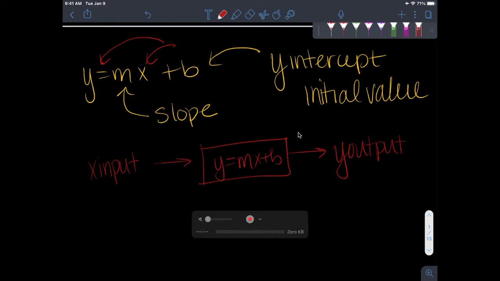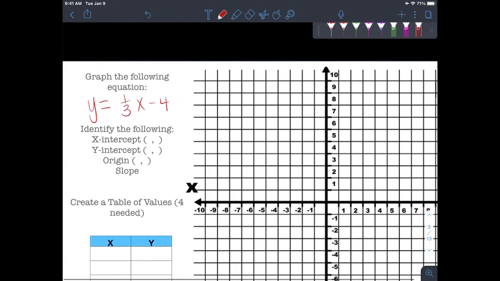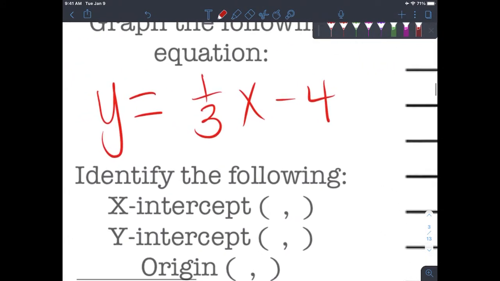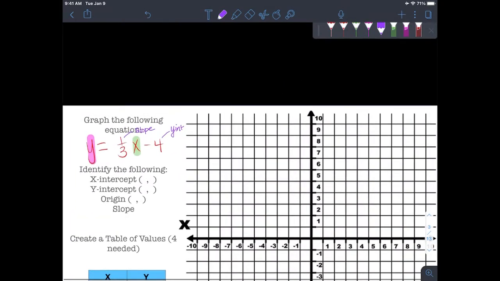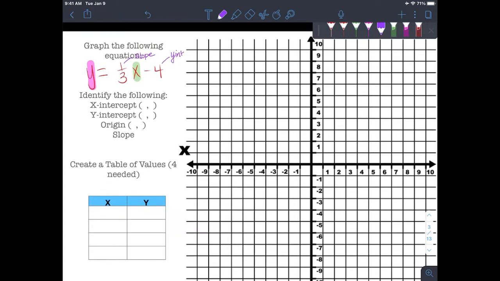Whenever I look at my equation, I see an x and I see a y. Whatever is touching my x when it's written in the form y equals mx plus b is called my slope, and whatever's not touching it is called my y-intercept.